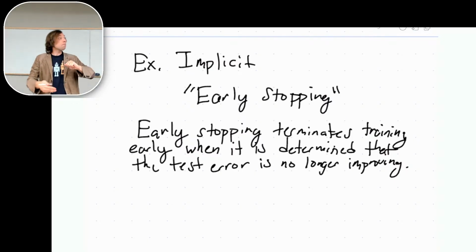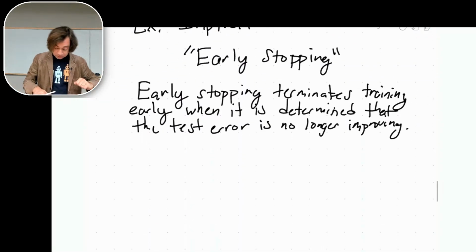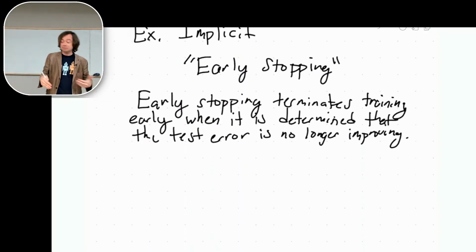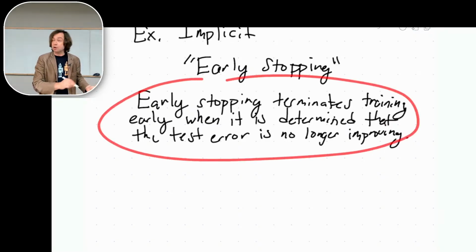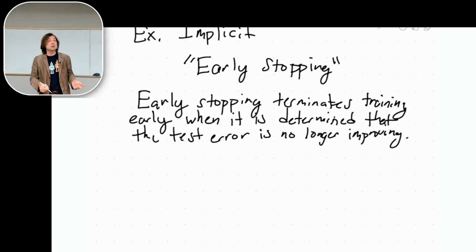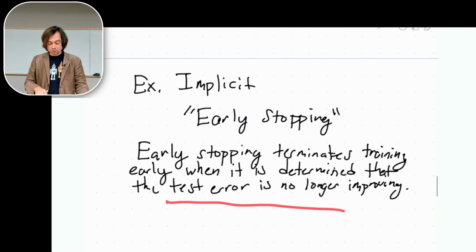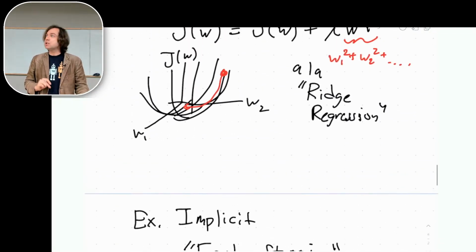Okay? But again, these are tricks that aren't written as some amazingly fascinating mathematical formula, but would make a lot of sense. Not that there isn't theory behind them. There absolutely is.